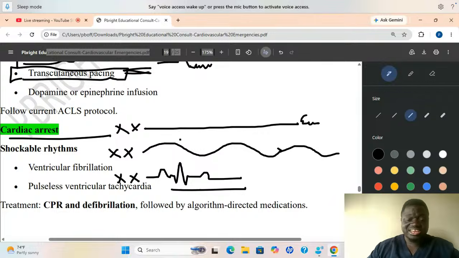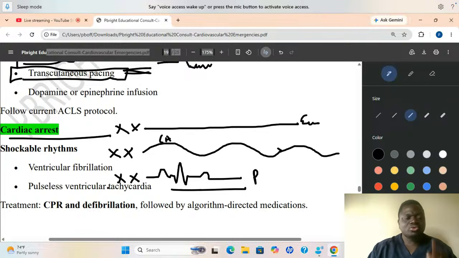So this one is cardiac arrest. And this one is no pulse, no breathing. We call it pulseless electrical activity. I'm seeing electrical activity, but physically, the patient is not breathing and there is no pulse.